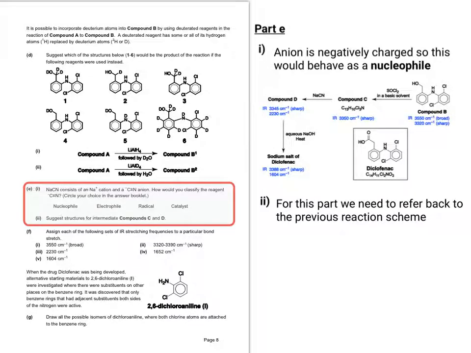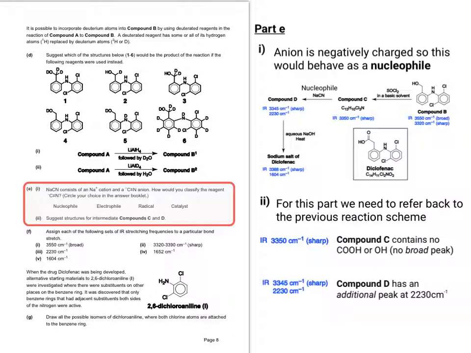To do this part, we need to refer back to the previous reaction scheme that was on the prior page. So we now know that CN- is a nucleophile. We also need to have quite a sharp think about what the infrared information tells us, because particularly if you're doing this as a first year student, you might not have come across the action of CN- as a nucleophile.